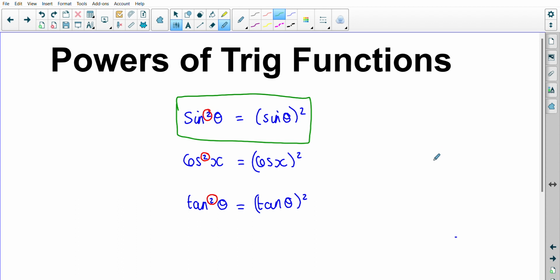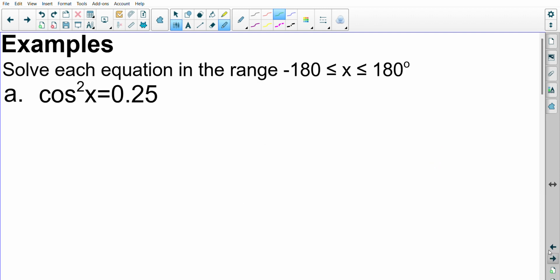So we're going to have powers in our trig functions now and powers in our equations that we need to solve. So you can see straight away on this one, I've got cos squared x equals 0.25. That's how we would read it. So cos squared x equals 0.25. And the same process where I'm trying to solve each equation in this range.